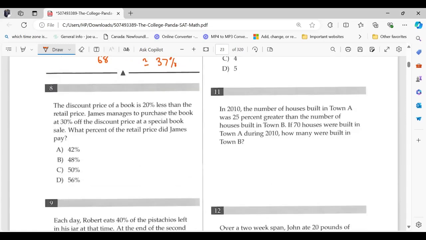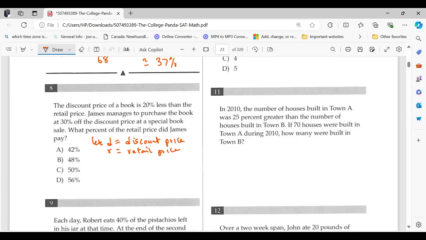Let's move on to question number 8. The discount price of a book is 20% less than the retail price. So let D equal discount price, R equal retail price.